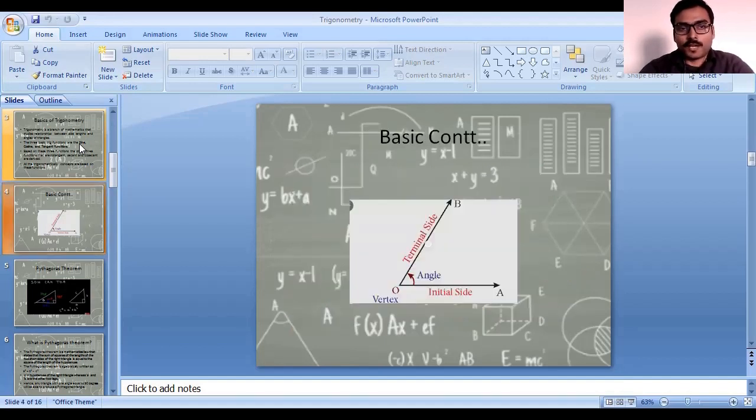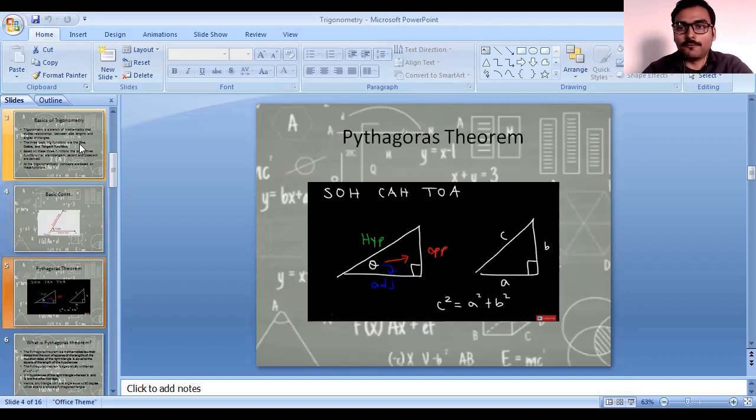So we start with the basics. Like we'll take an example of a vertex and an angle is rising with the initial side A and terminal side B. So there is an angle in between and we'll make a right angle triangle in between.